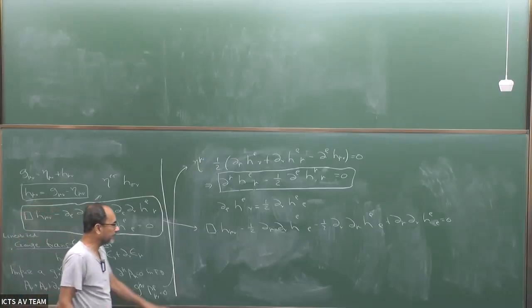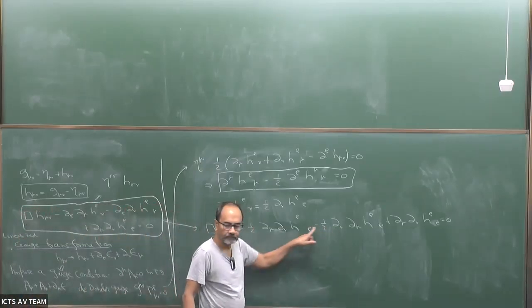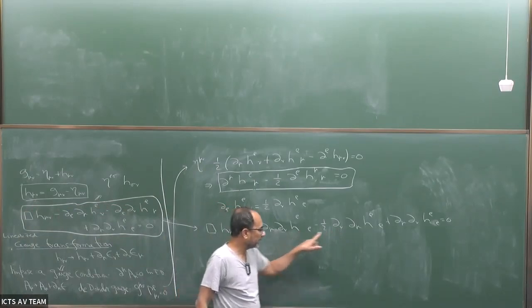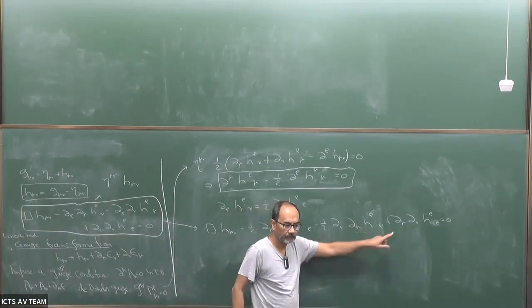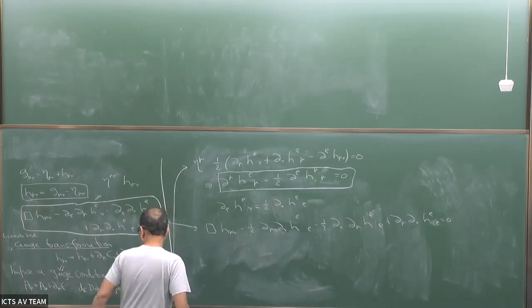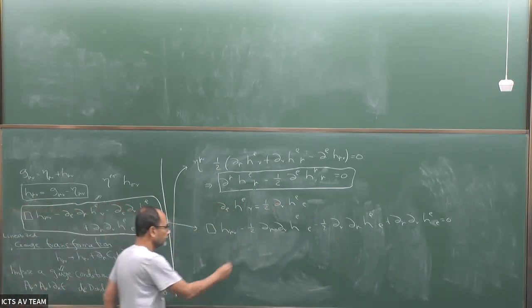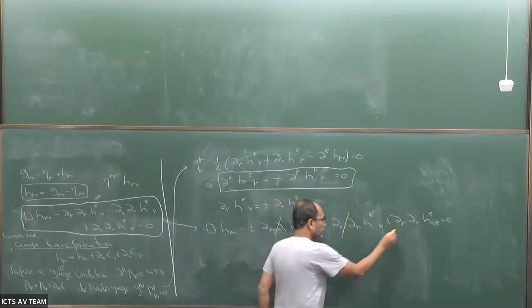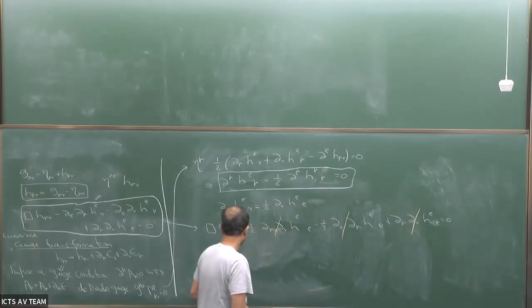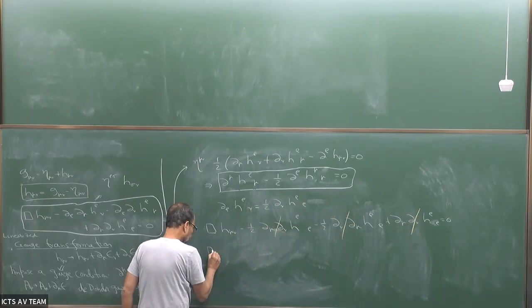Now you see that these two terms are the same and exactly cancel the last term. So I can cancel these off. And what we get is box h mu nu equal to 0.